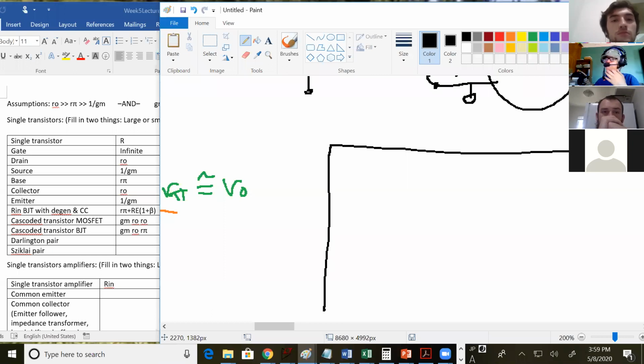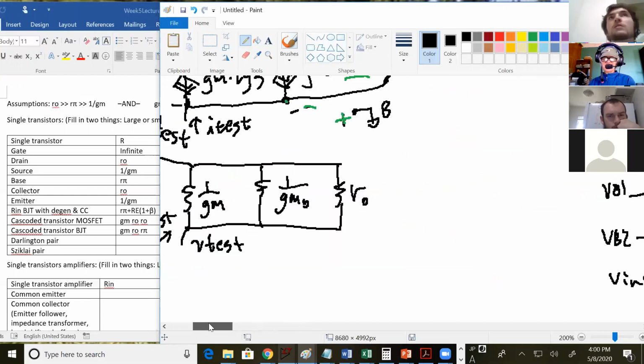So that's great in gain. You saw how it could increase the gain of a common emitter drastically. But where else do you like large ROs? Can you think of any place else you like large resistances?